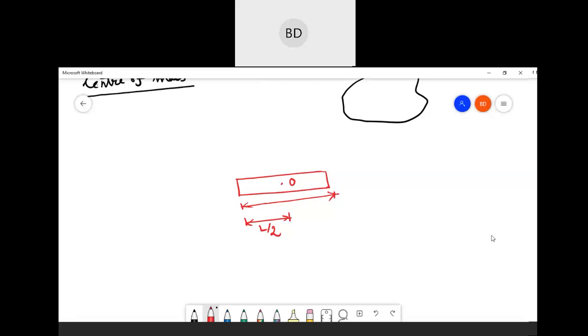Now if somebody asks you to find the moment of inertia about an axis passing through its edge, let us call this PQ. If you have to find the moment of inertia of this particular bar about an axis passing through its edge PQ, what will you do?